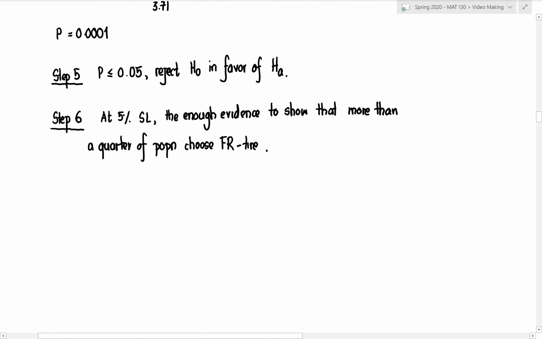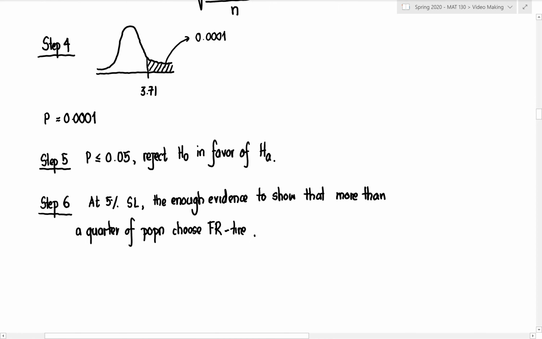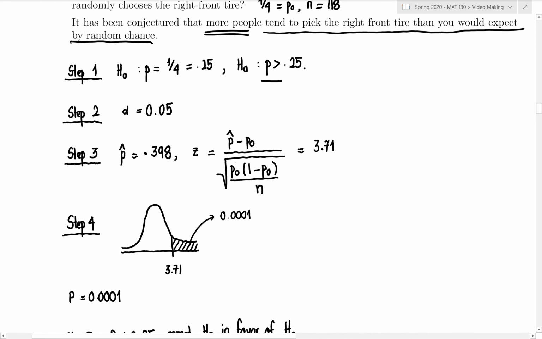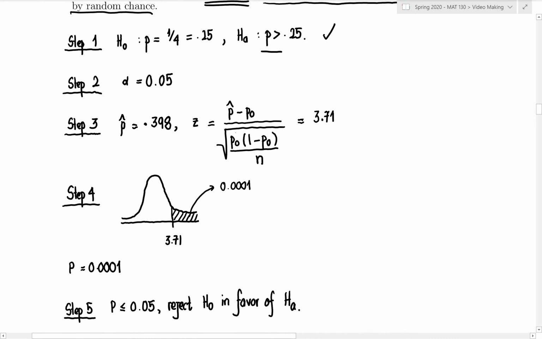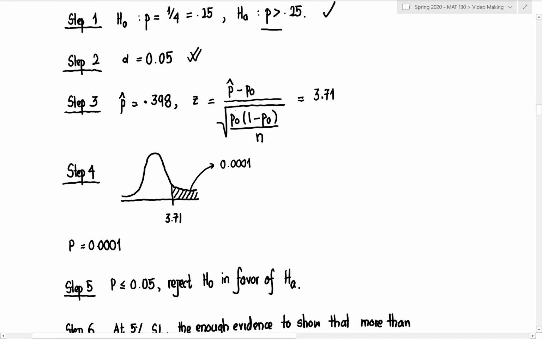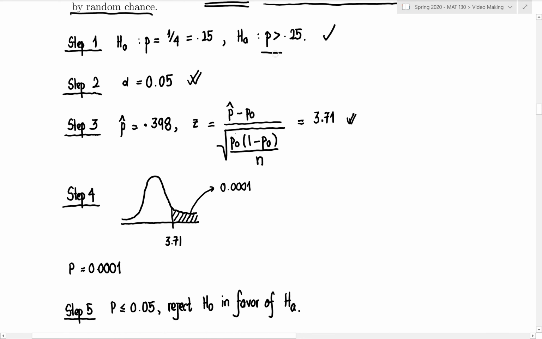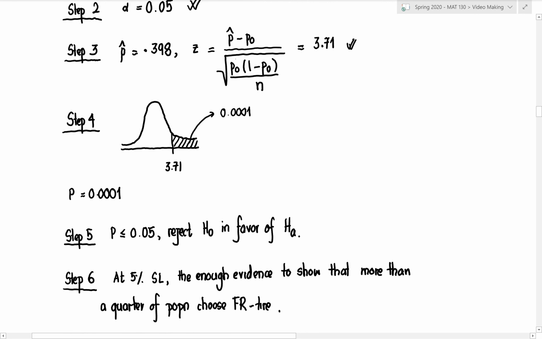All right, so that's it. But let's go through the process again. State the null and alternative hypotheses. Since no significance level was specified, we use the common standard agreed upon significance level, which is 5%. Find the test statistic. Since we are looking at a right tail test, with p bigger than 0.25, we look at the area to the right of 3.71.